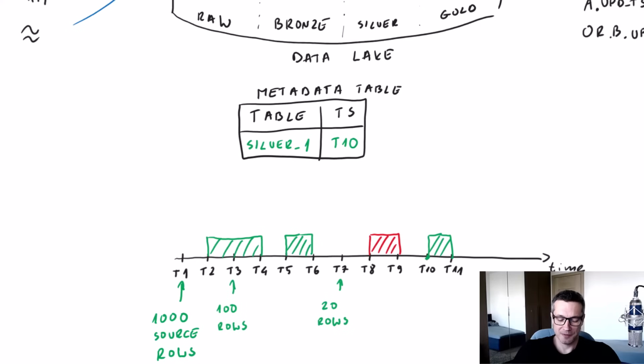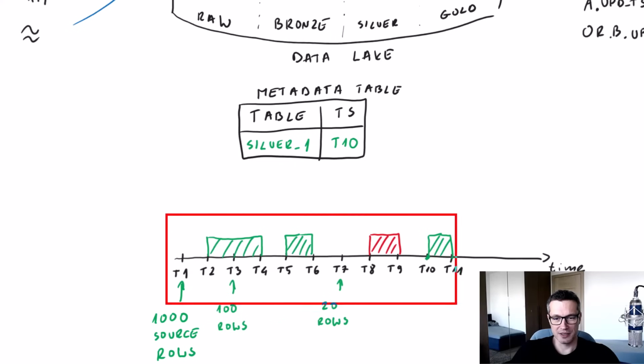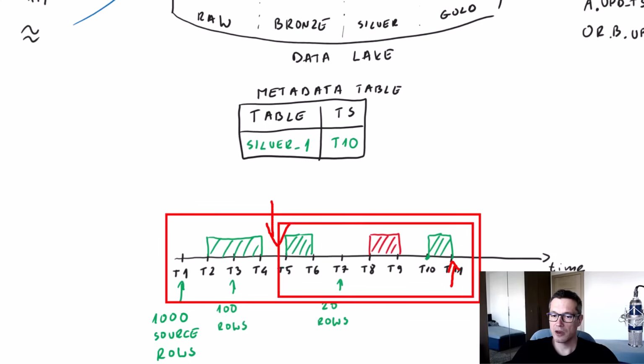And one more thing about reprocessing of data. So let's say that, well, we did this stuff. We are here at T11, and we recognize that actually the fix we deployed, let's say here, it introduced another bug, and all the data that was processed here contains a bug.